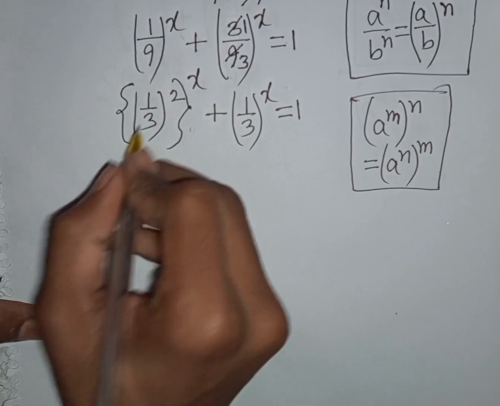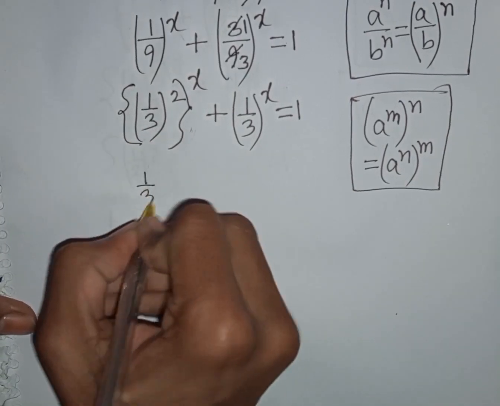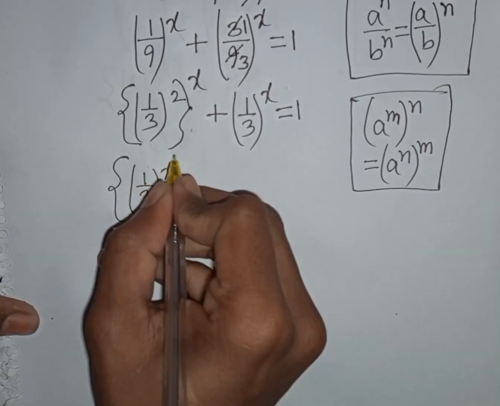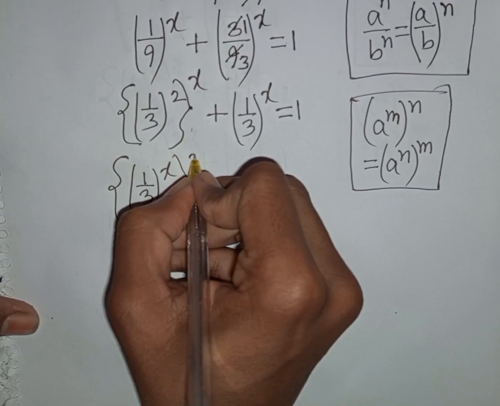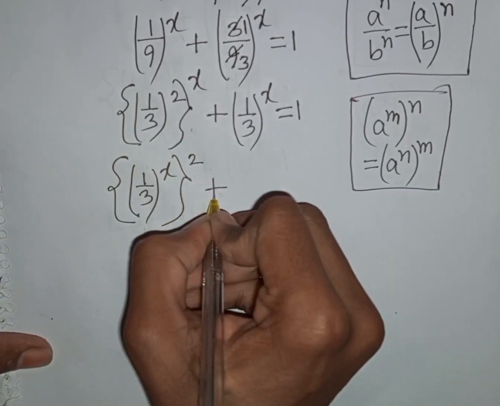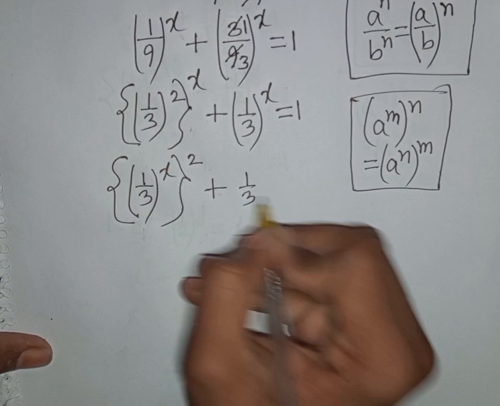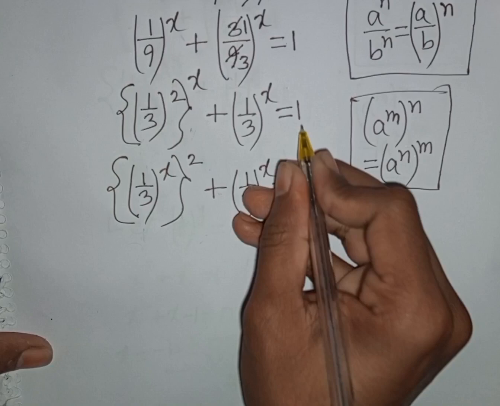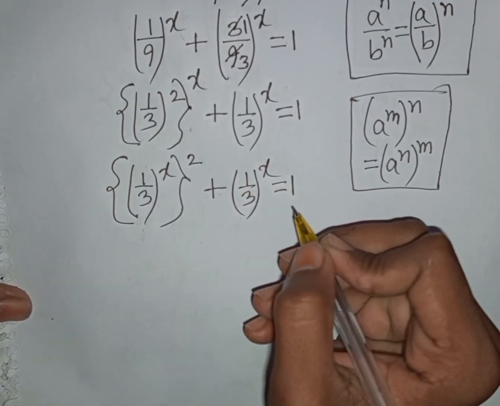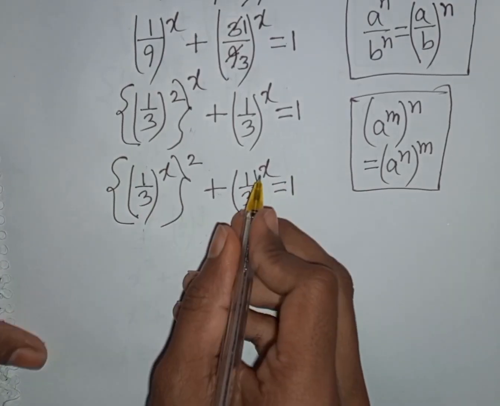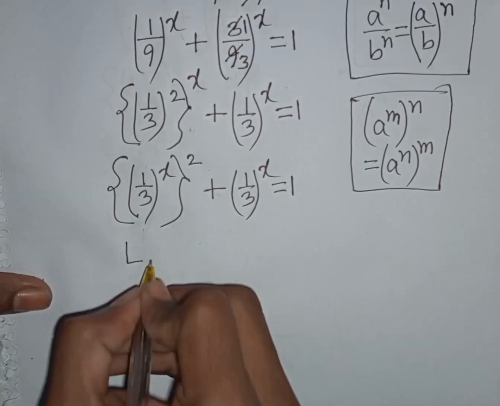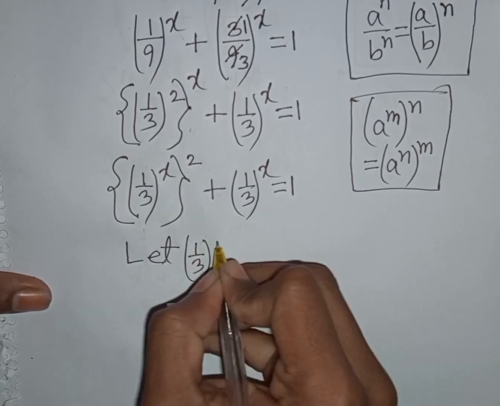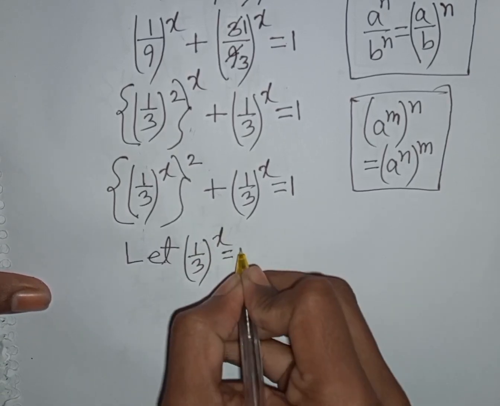According to this rule, I can write ((1/3)^x)^2 plus (1/3)^x is equal to 1. Now we see (1/3)^x and (1/3)^x, both terms are the same, so let (1/3)^x be substituted by y.